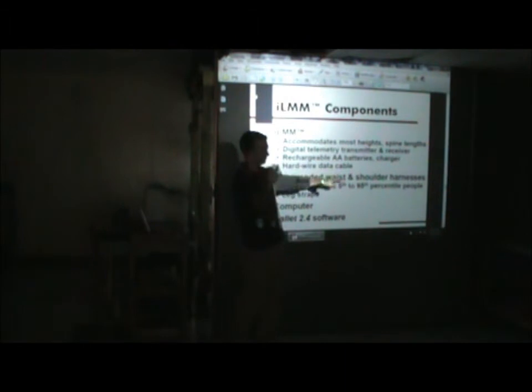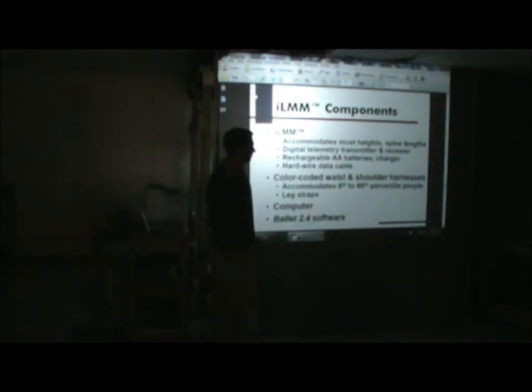If you have a person that's 6'5" or something, you can try to use it, but more than likely you're going to get some bad data. The same with the other end of the spectrum. If you use this on somebody that's less than 5 foot, you can try to use it, but more than likely you're going to get some not so great data.